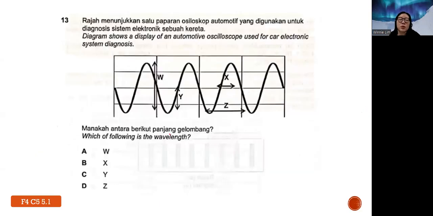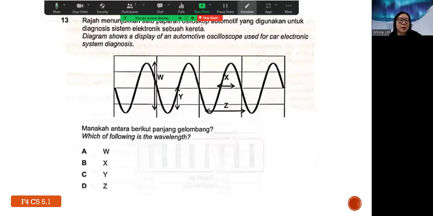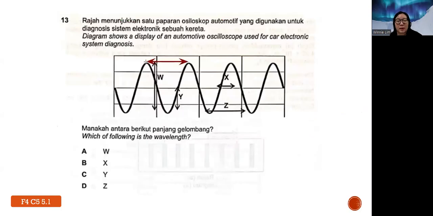13. Diagram show a display of an automotive oscilloscope used for car electronic system diagnosis. Which of the following is the wavelength? So what is wavelength? Wavelength is the distance between two consecutive points which are in phase. So that means let's say you start with the crest, you will stop at crest.